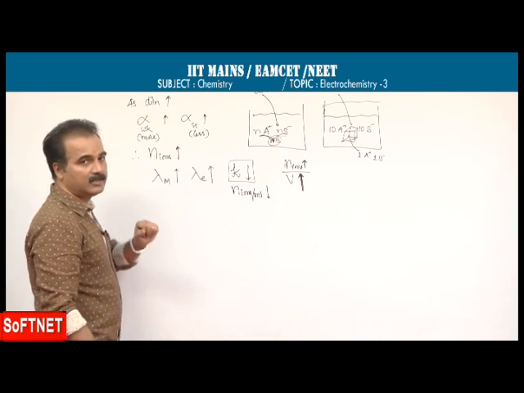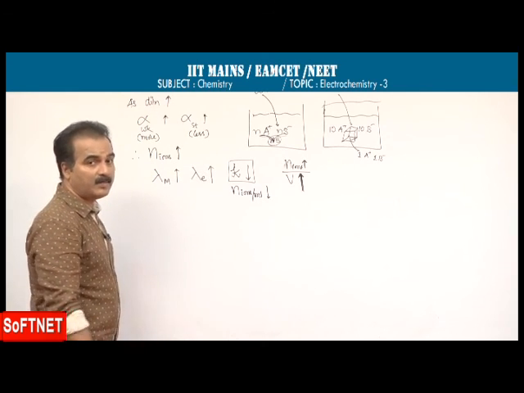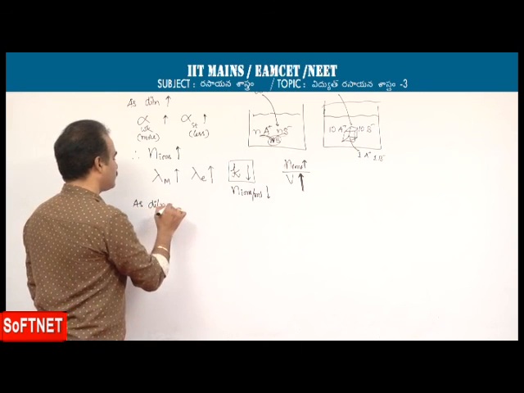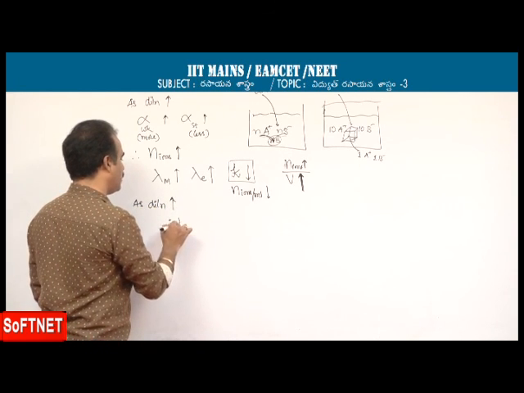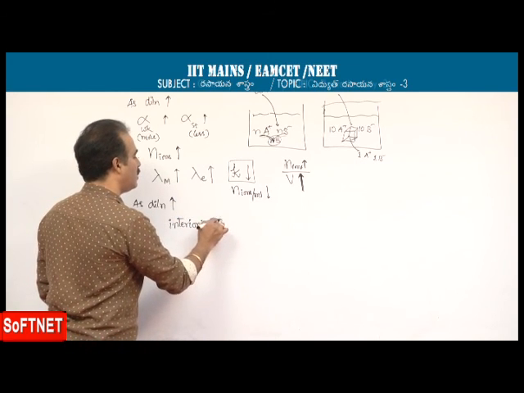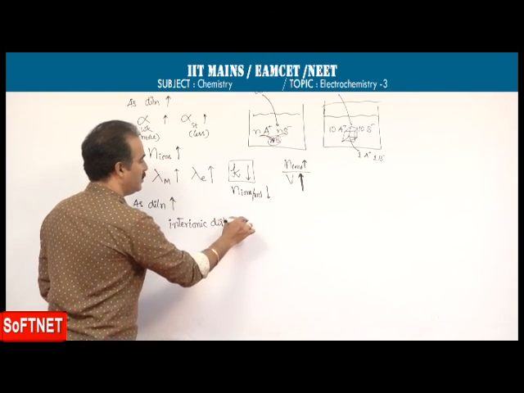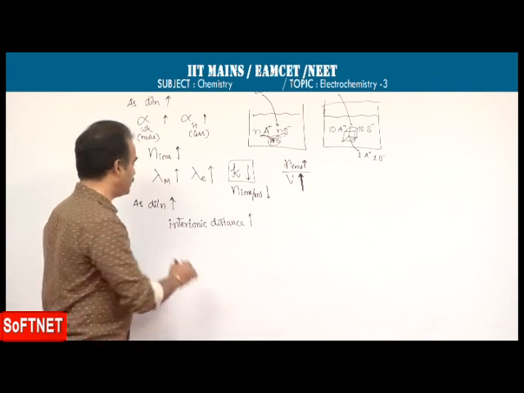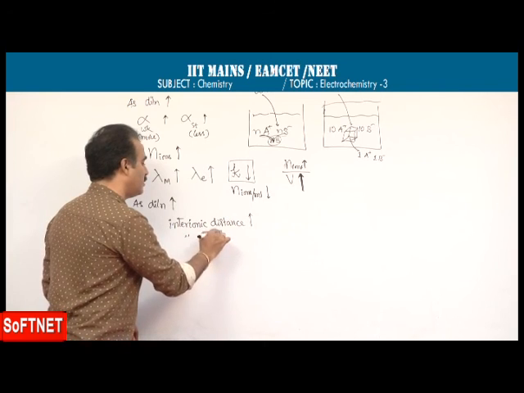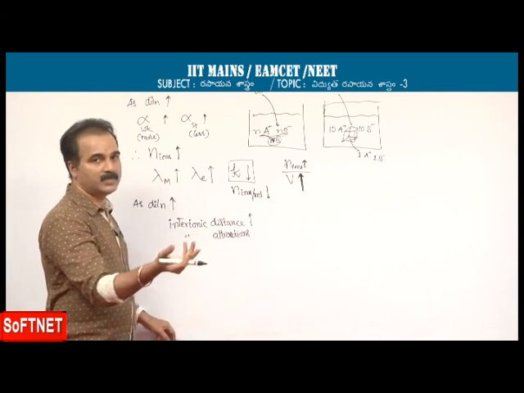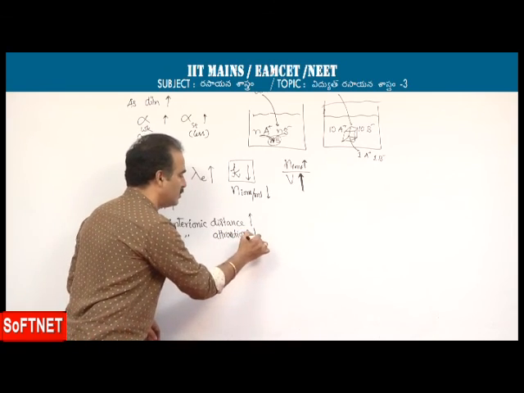And because of dilution, what happens to the interionic gap as dilution increases? Due to a lot of water between them, interionic distance increases. Interionic distance is increasing means interionic attractions decrease, because distance increases means automatically attractions decrease.